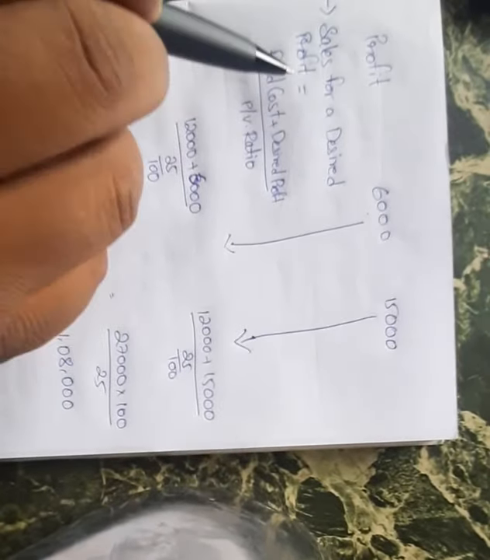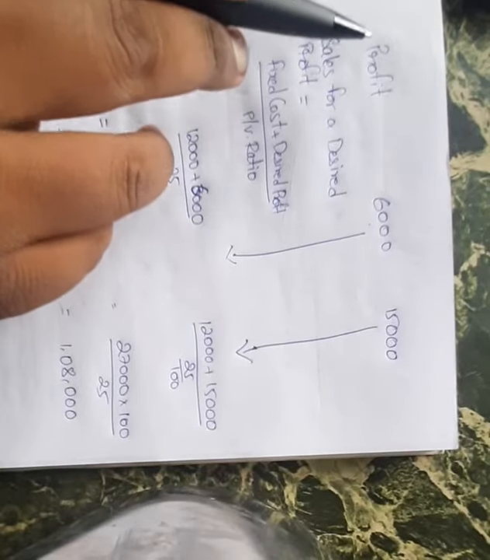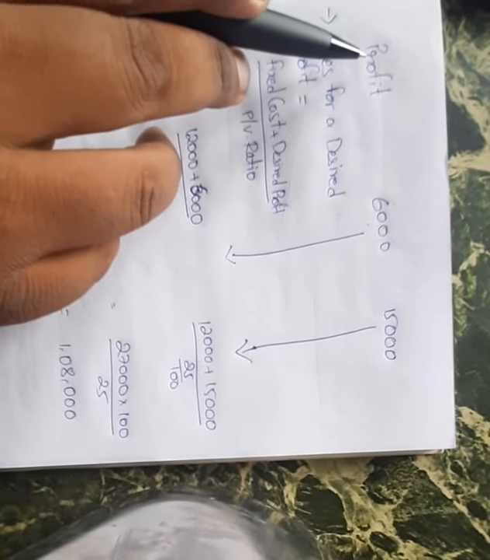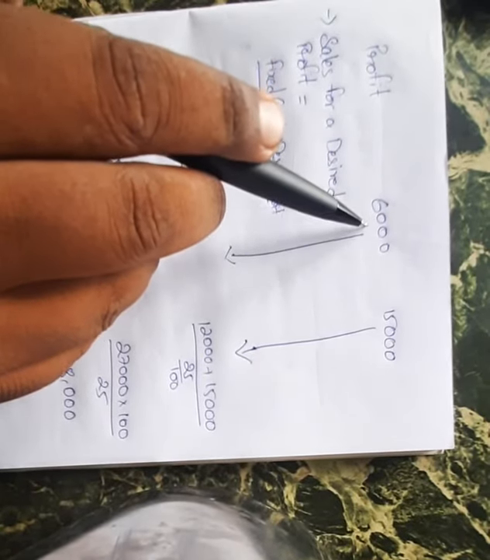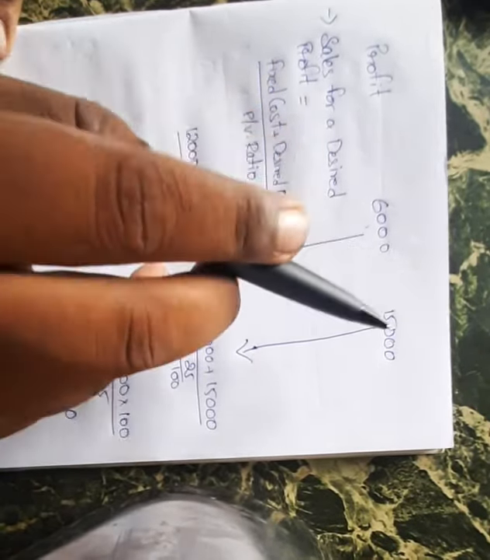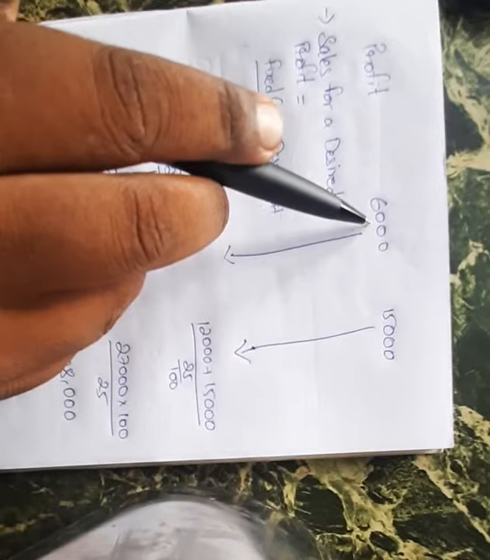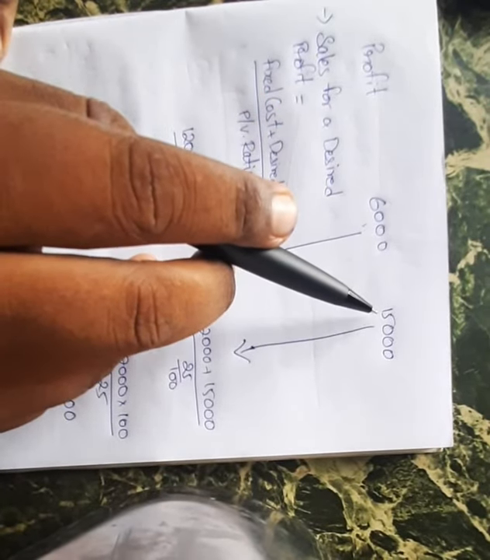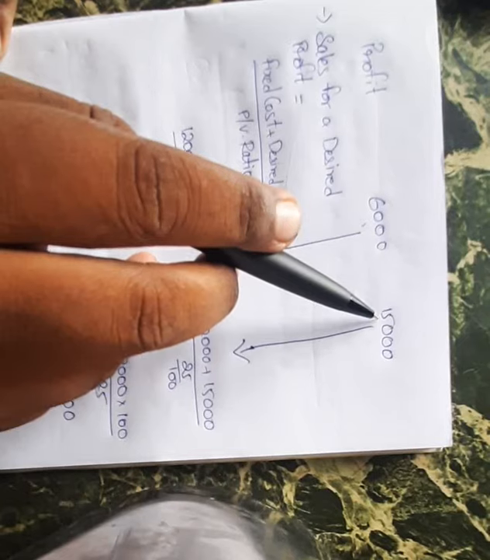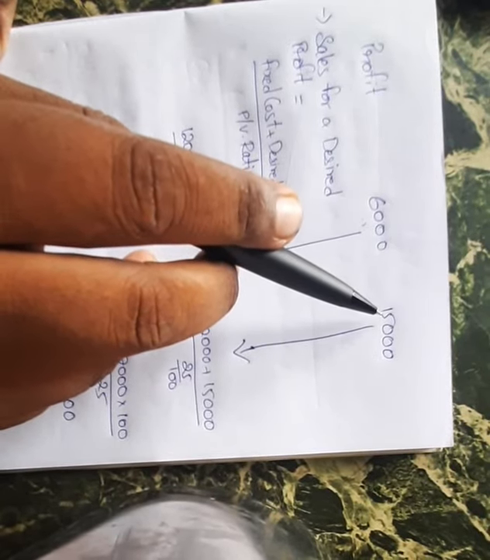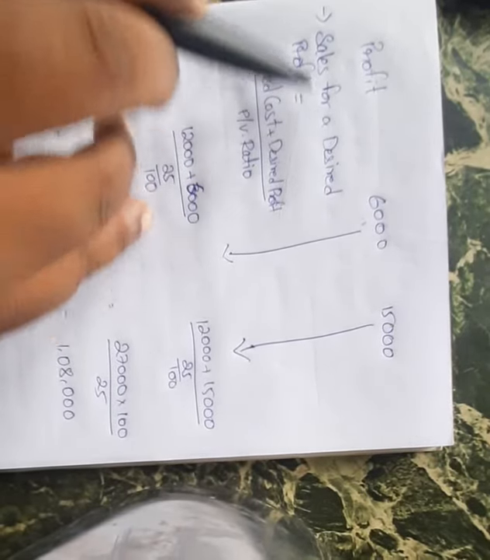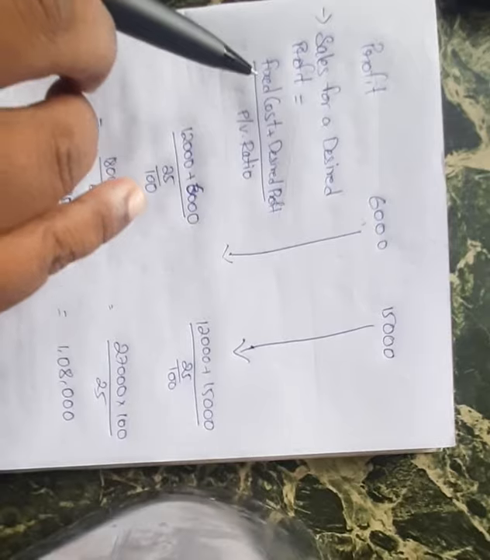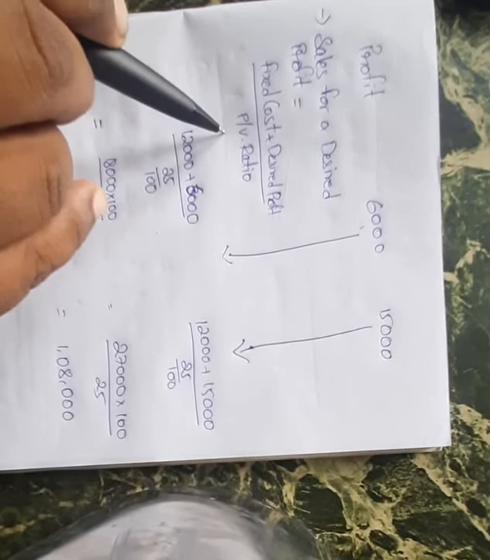See, in the second question, the profit is given. There are two profits. If the profit is 6,000 or 15,000, how much sales is required for each? In order to do this, we have a formula: sales for a desired profit is equal to fixed cost plus desired profit divided by PV ratio.